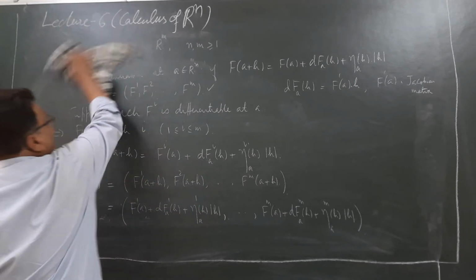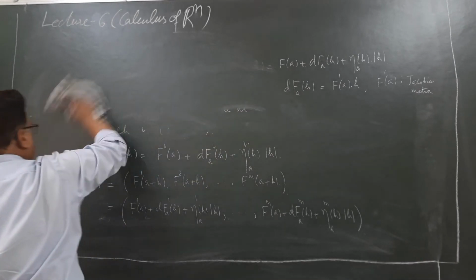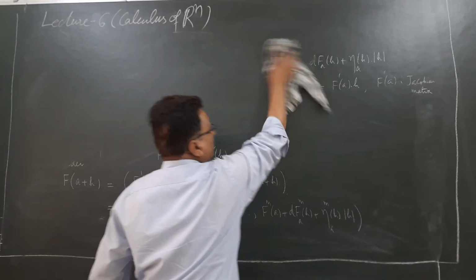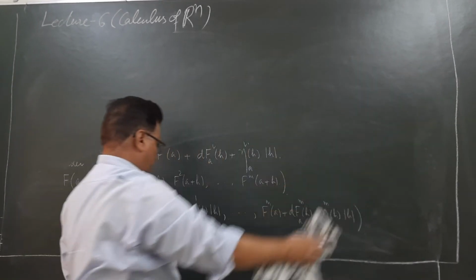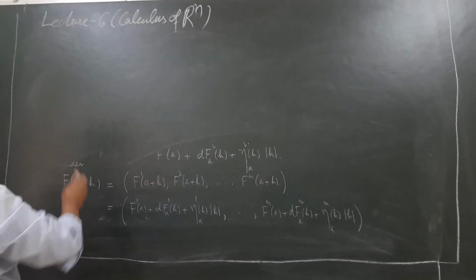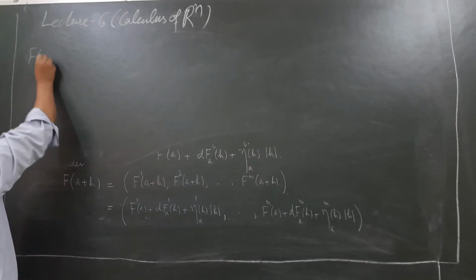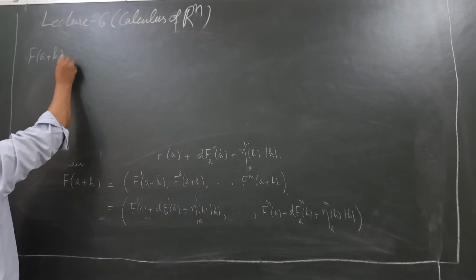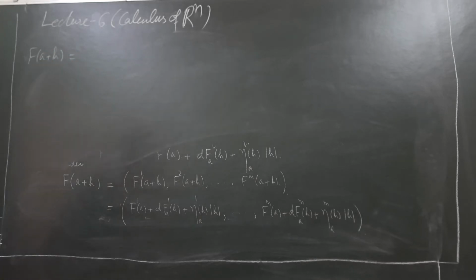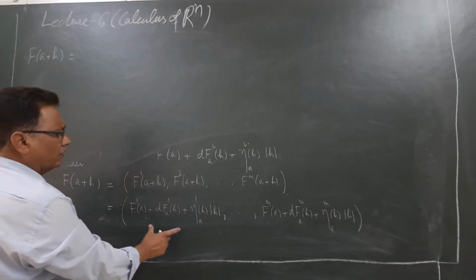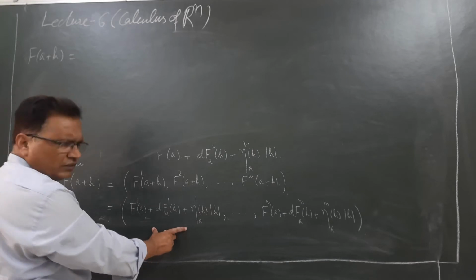So the left hand side is f of a plus h. On the right side, for each component you have 3 terms.